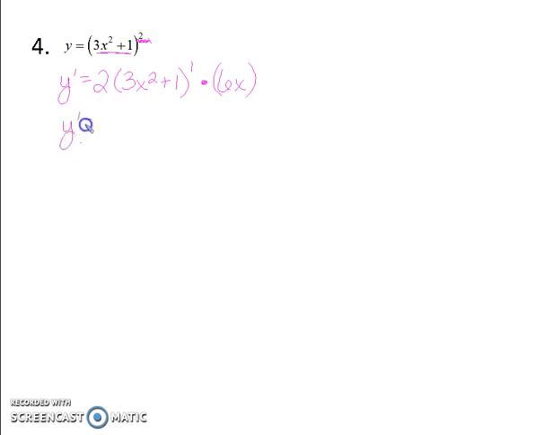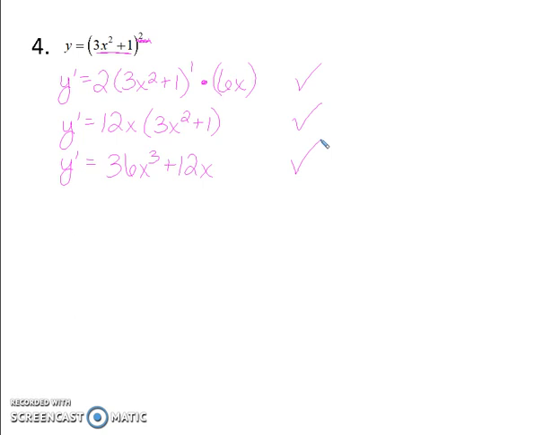We could also take the 2 and the 6x and multiply them together to give me a 12x times (3x squared plus 1). Or we could distribute everything and get 36x cubed plus 12x. But honestly, this is correct, or this is correct. You can write your final answer any one of those three ways and get full credit.